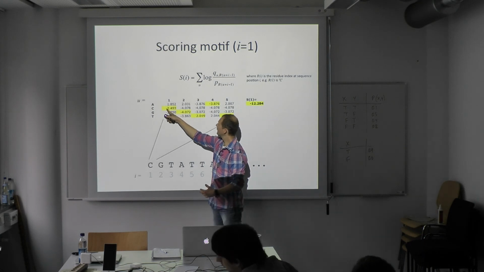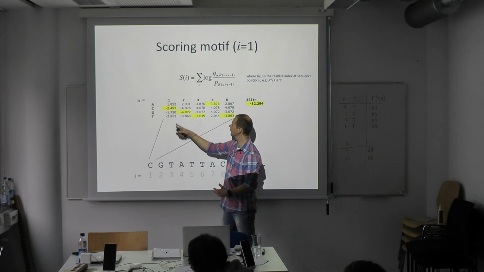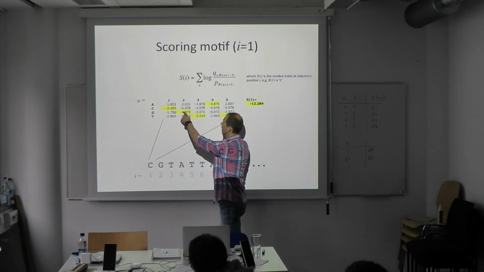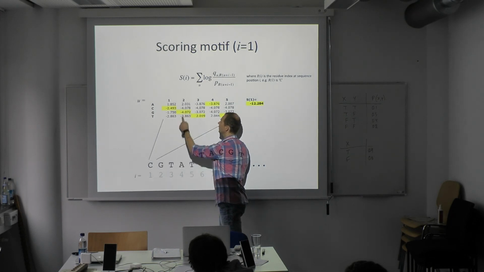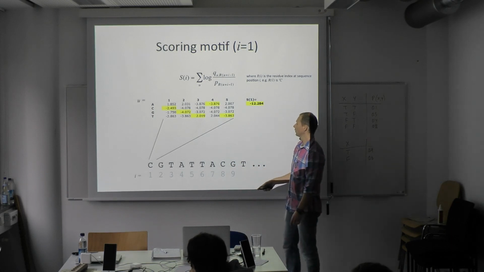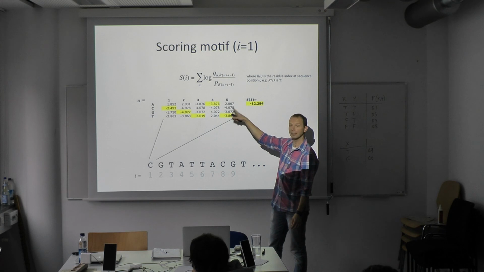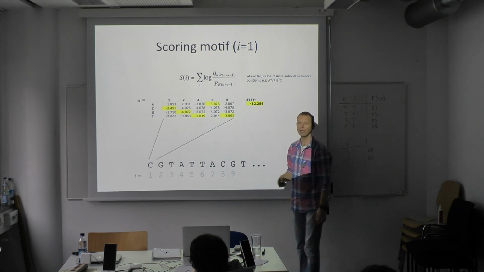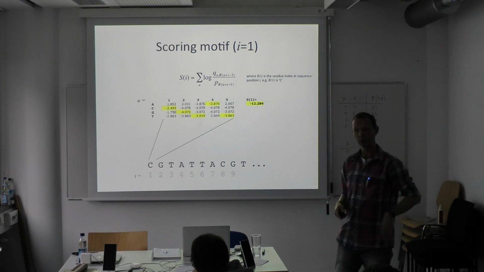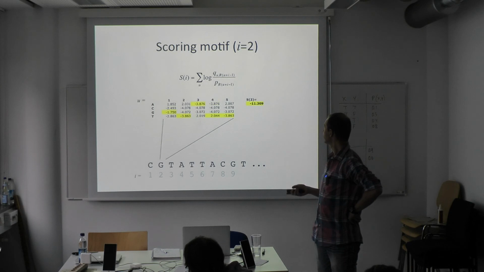In this case the first symbol is a C, so it's minus 2.5. The G is highlighted here because it's the second letter, it's minus 4, and so on, all the way to the fifth letter, and we add these highlighted numbers together and we get -12. So do we think that is a match or not? Probably no. It's a negative number.